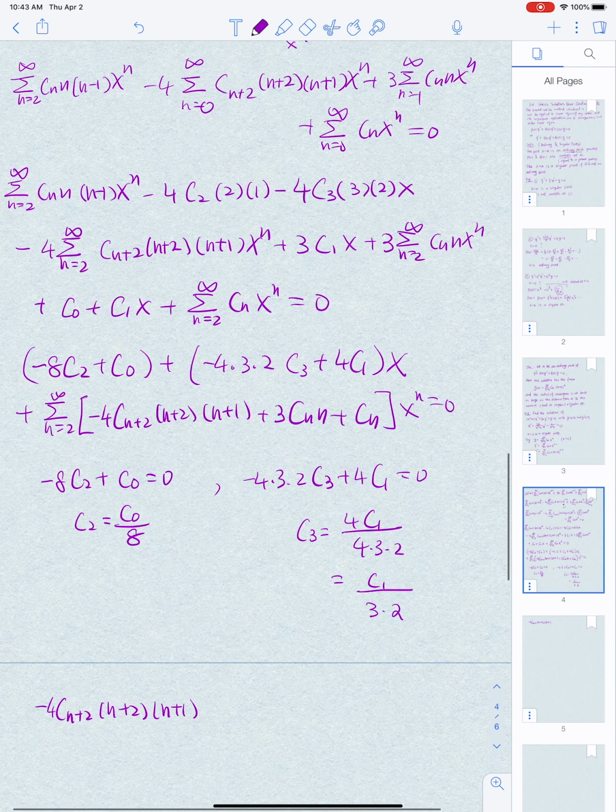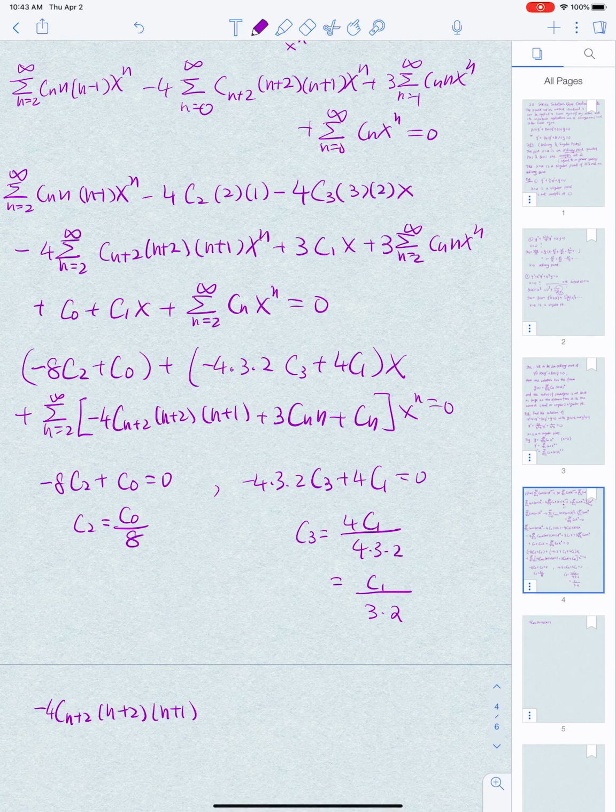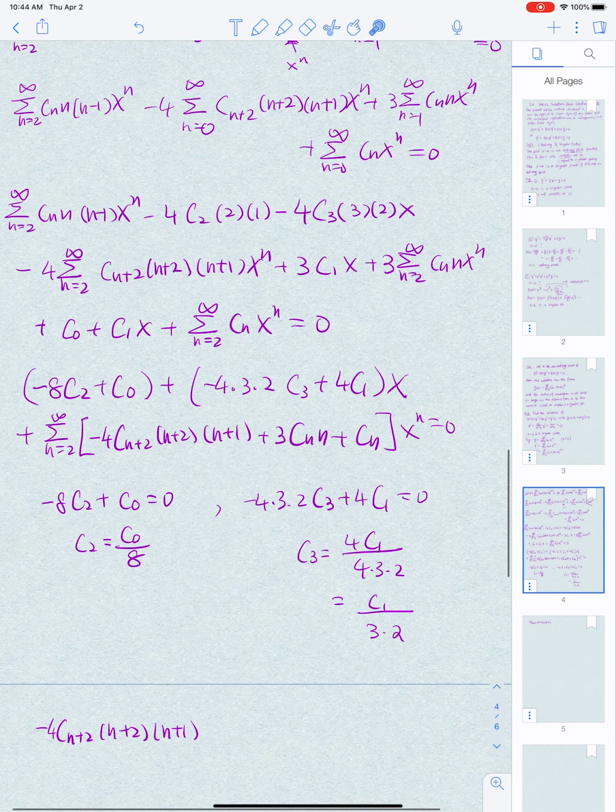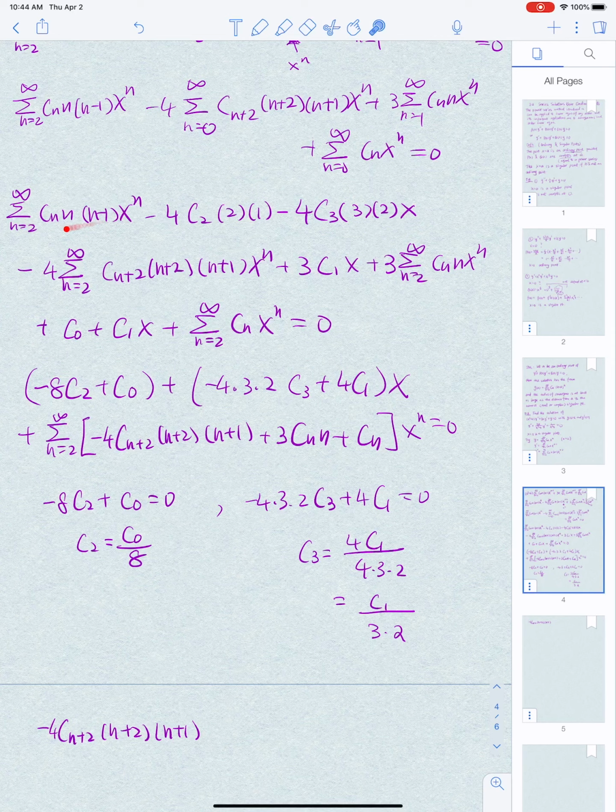Oh, I think I missed over here. I missed the first term from the summation. So let me add it back in.